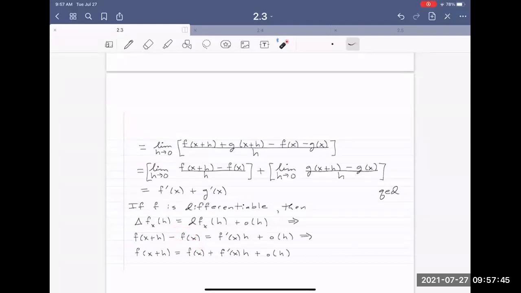Adding f(x) to bring it to the other side of my equation, I have that f(x + h) is equal to f(x) plus f'(x) times h plus little o of h. And so I'm going to use this as my definition of the derivative.